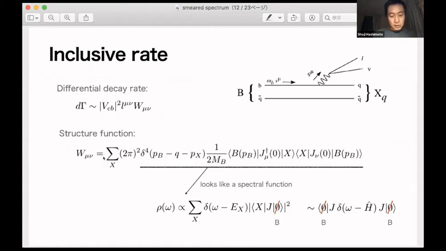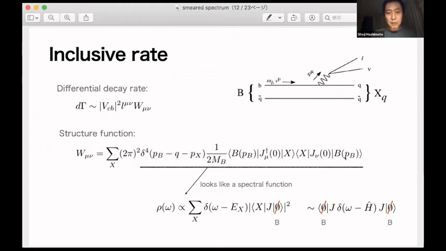How to analyze such a process: there is a standard way to introduce the structure function. Here, the differential decay rate is given by the product of the leptonic tensor and the hadronic tensor, and the hadronic tensor has another name, the structure function, written there as W mu nu.